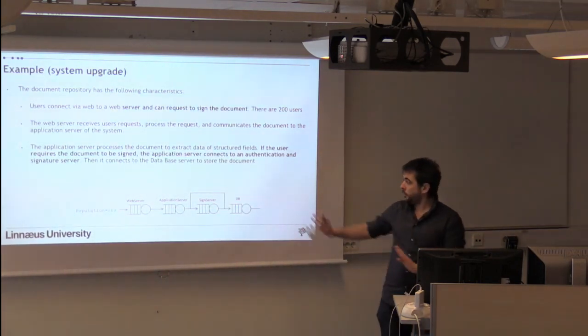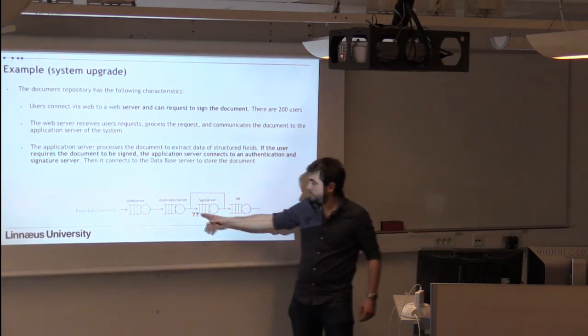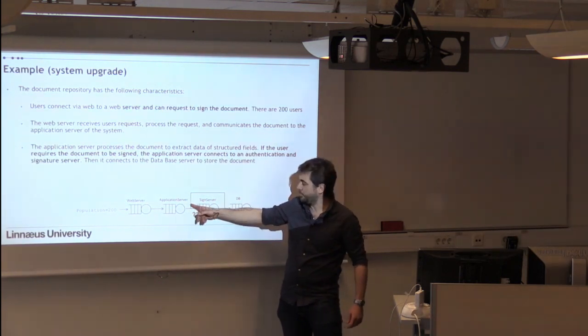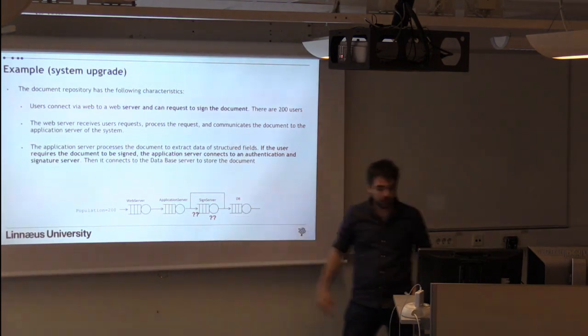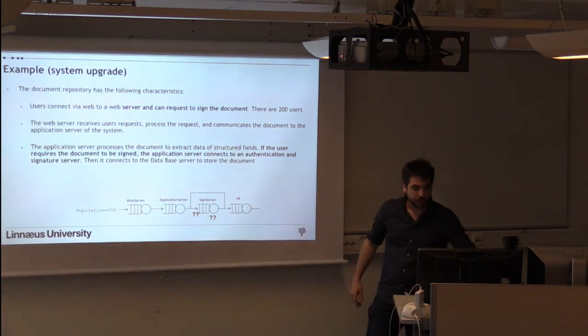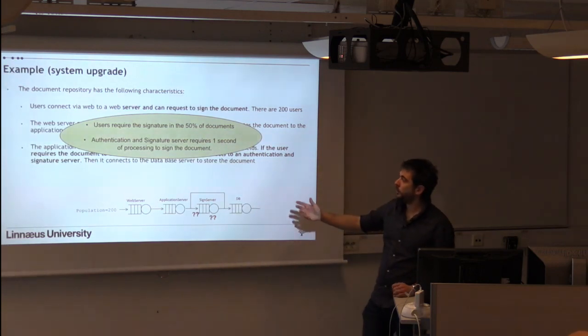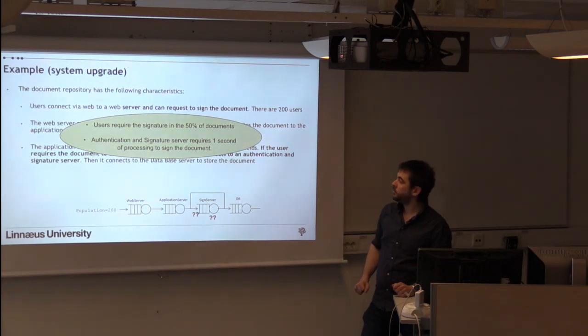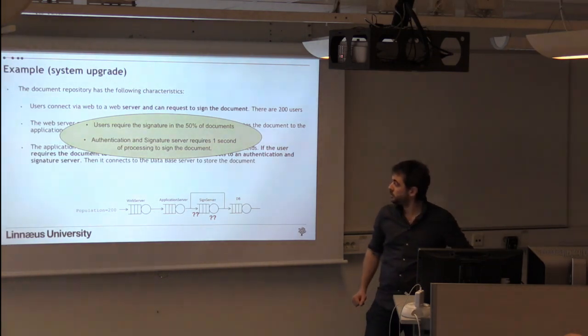So with this information, this is everything we can do. And we know that we need some information here. We can complement with the routing and with this service time. So with the assignment, you will have also information like users require the signature in 50% of documents, and the authentication signature server requires 1 second to sign the document.